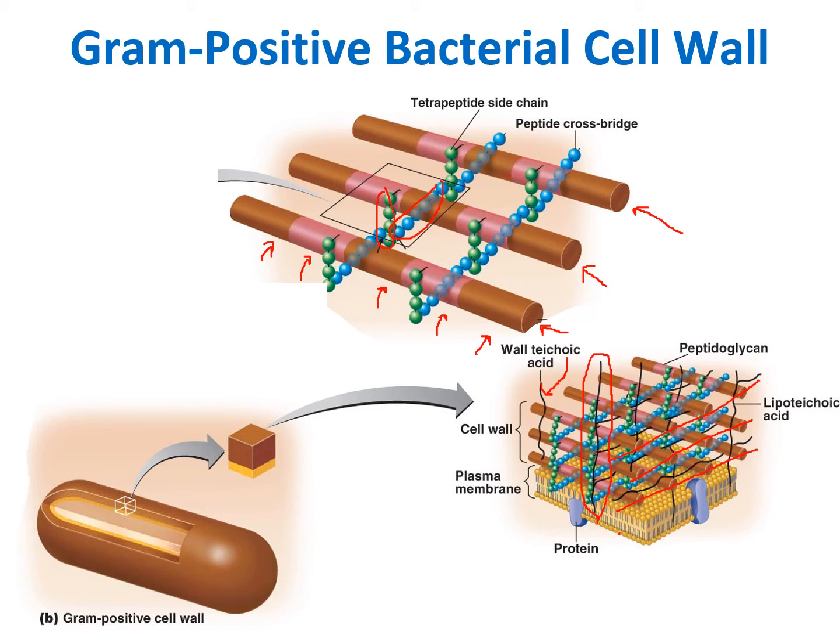And then these lipoteichoic acids run through the cell wall as well. Now, what the teichoic acid actually does is under dispute, but we think that it's covalently linked to the muramic acids and it stitches the layers of the peptidoglycan together. Thus, it helps to stabilize the cell wall even more and make it stronger.